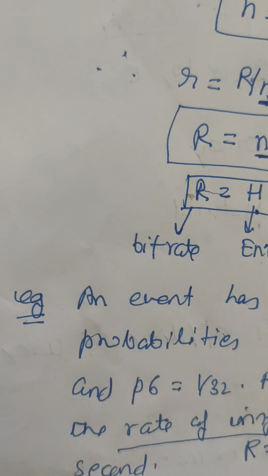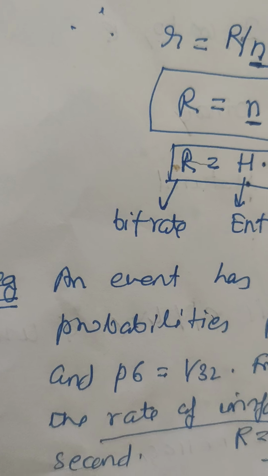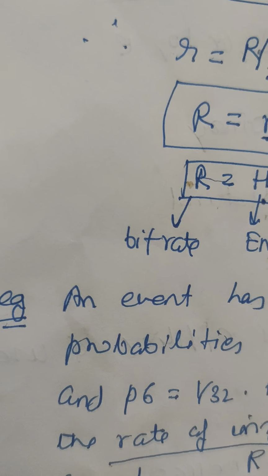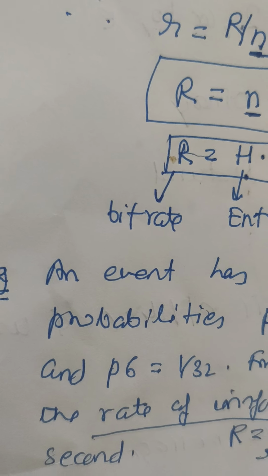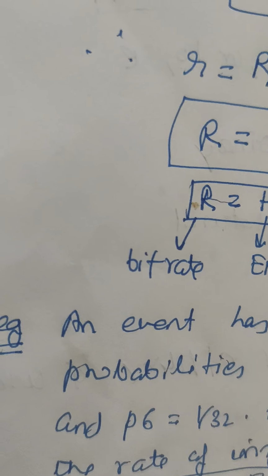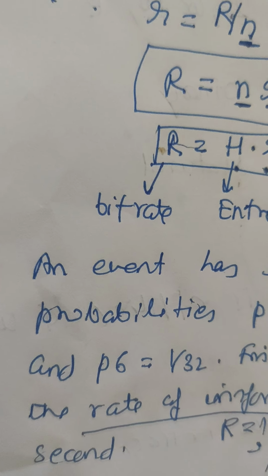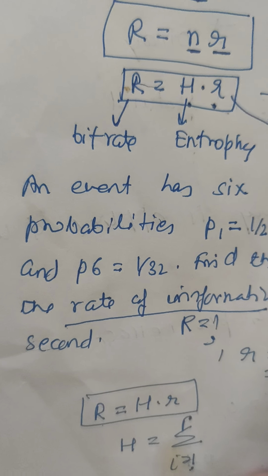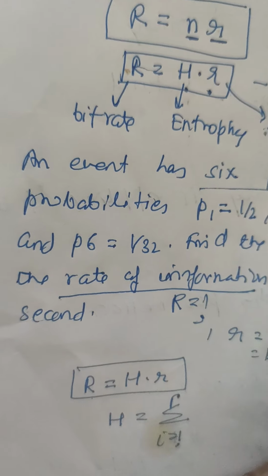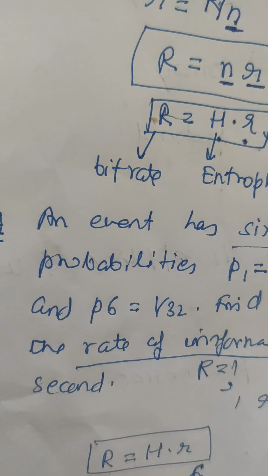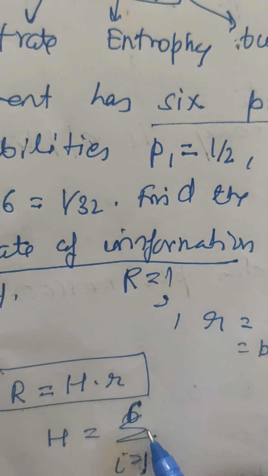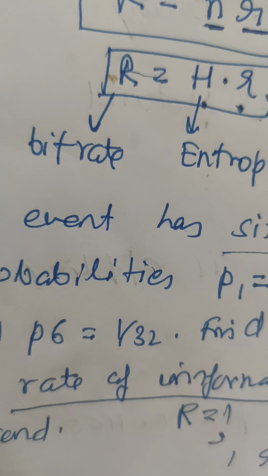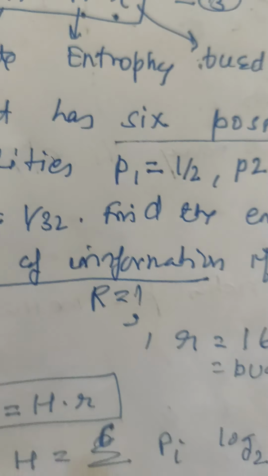So entropy is the summation of i from 1 to 6, since there are 6 possible outcomes and 6 events, of p of i log base 2 of 1 upon pi.